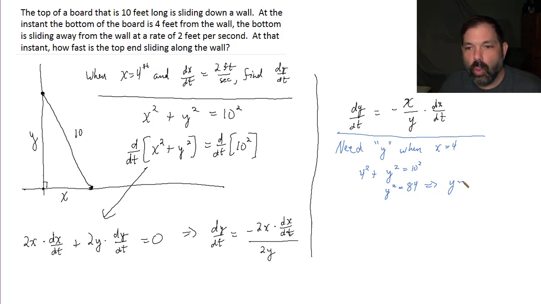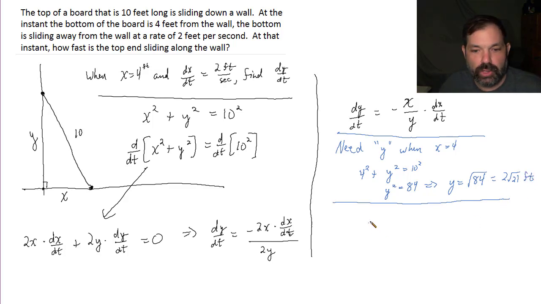That's the only value that makes sense. y is the positive root, square root of 84. Or if you wanted to simplify that, that's 4 times 21, 2 root 21. That's not too important. And I guess that would be in feet. y should be a distance in feet.